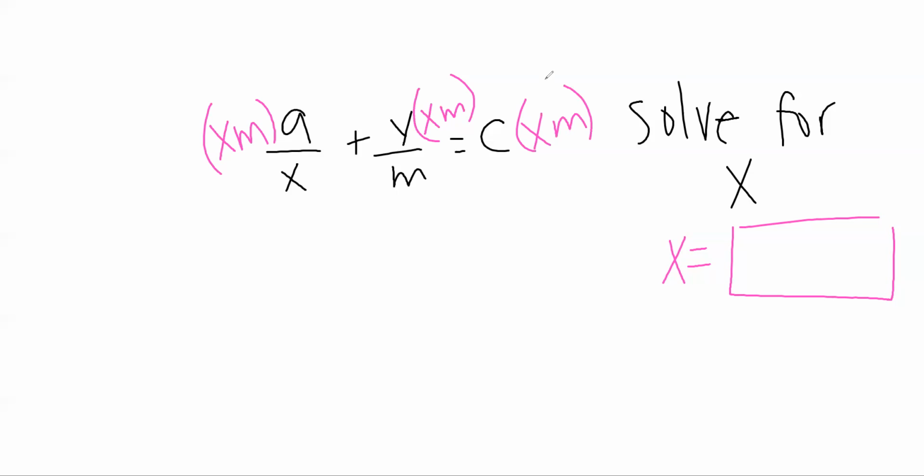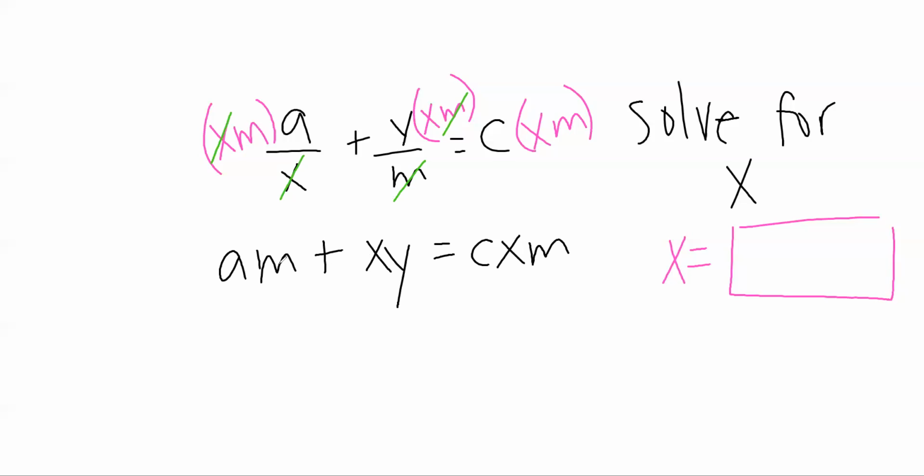Then these x's are going to cancel and these m's are going to cancel. So my new expression is am plus xy equals cxm. Notice how when I multiplied every single term by my common denominator, I eliminated the fraction. So now I'm just dealing with a linear thing. I no longer have this rational mess.